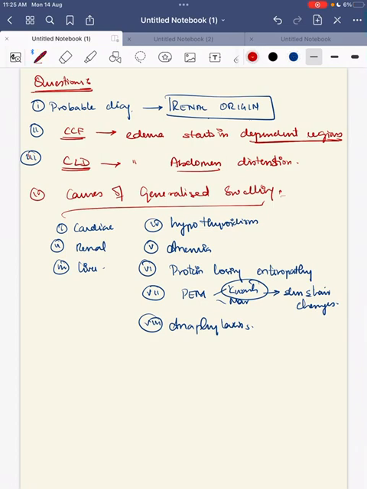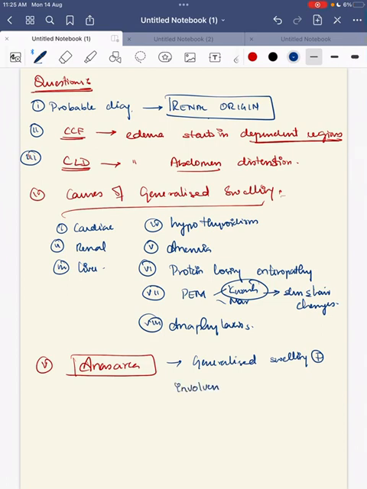Next, if there is a generalized swelling, what is the term you use? We use the term called anasarca. What is the meaning of anasarca? When the child presents with a generalized swelling, along with that there should be an involvement of two serous cavities. So the child can have pleural effusion with ascites or bilateral pleural effusion with pericardial effusion.